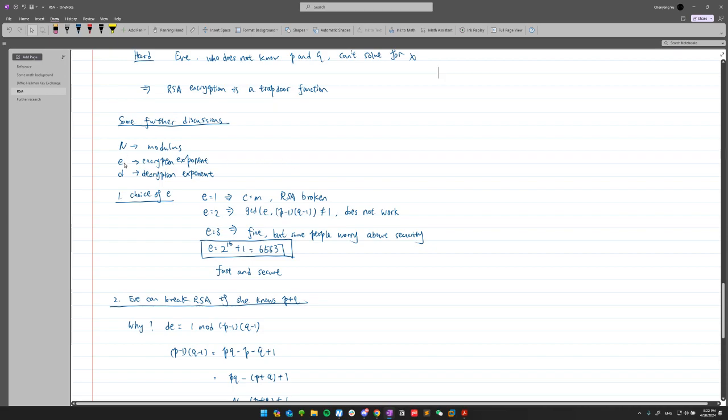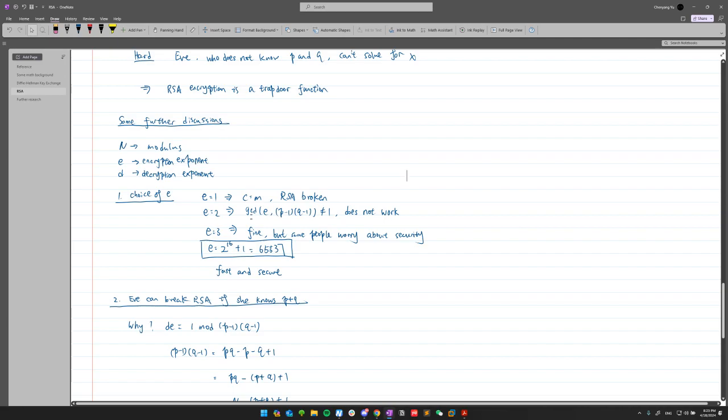The first one is the choice of E. It is obvious that when E equals 1, ciphertext equals plaintext. So there is no encryption at all. You can just take that ciphertext, it is actually in plaintext format. So E equals 1 does not work. How about E equals 2?